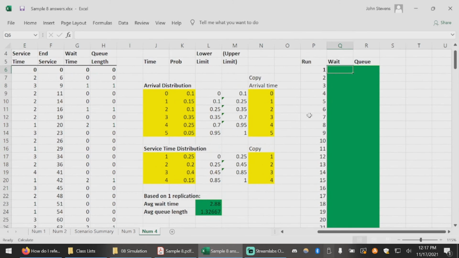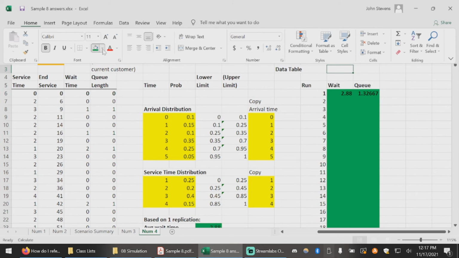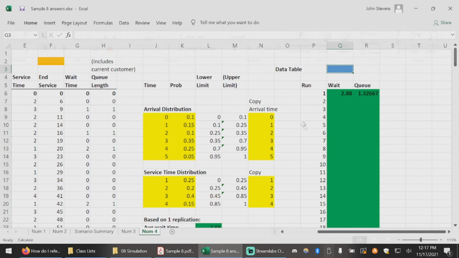My wait time is going to reference the average wait time at the bottom here. My queue length is going to reference the average queue length at the bottom there. I have a dummy cell because the data table is not necessarily doing what I want it to do.